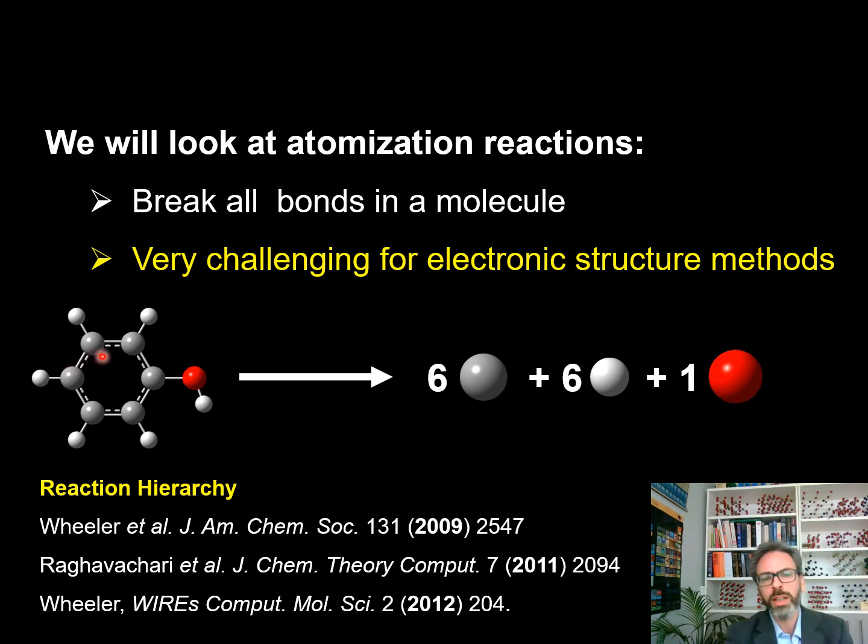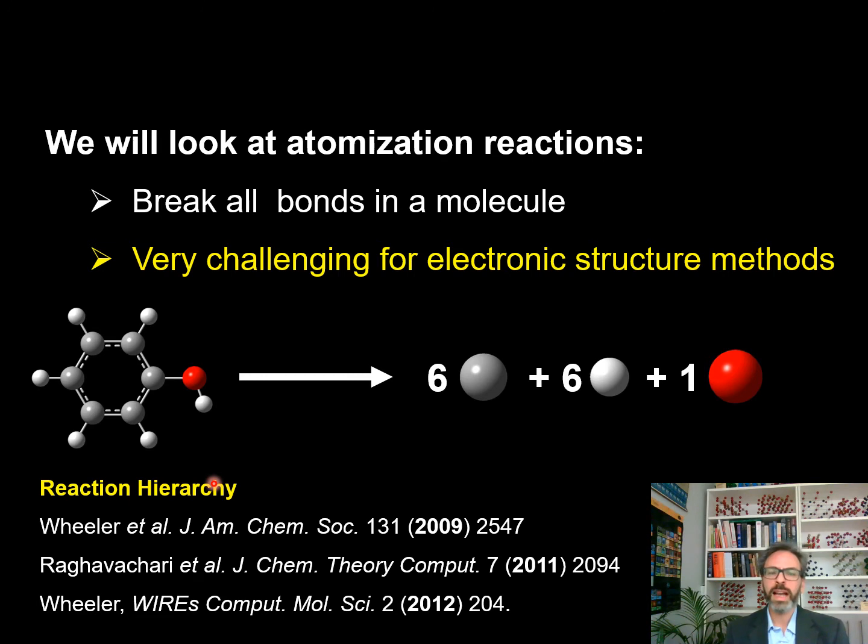So in a molecule like phenol, for example, we have 6 aromatic CC bonds, 5 CH bonds, 1 CO bond, and 1 OH bond. And if you sum these bond energies up, you will quickly reach energies exceeding 5,000 kilojoules per mole.